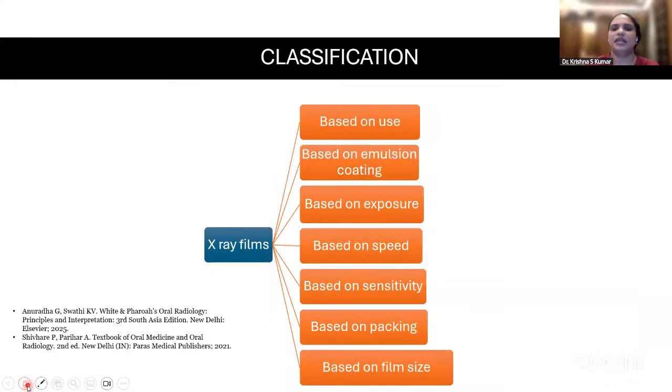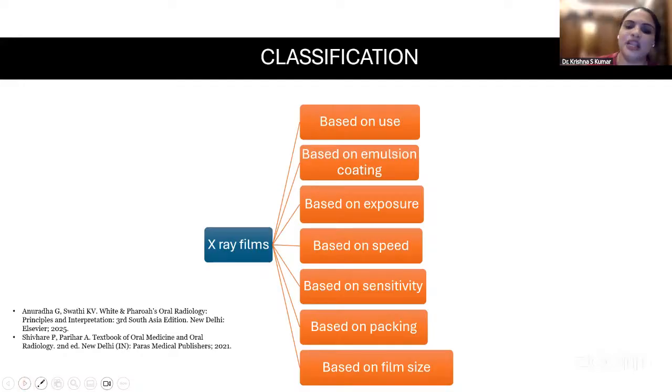So what is the classification? The classification is based on use, based on emulsion coating, based on exposure, based on speed, based on sensitivity, based on packing, and based on film size. Most of my contents for this particular topic I have taken from the latest edition of White and Pharoah, the third Southeast Asian edition to be precise, which came out in the year 2025.